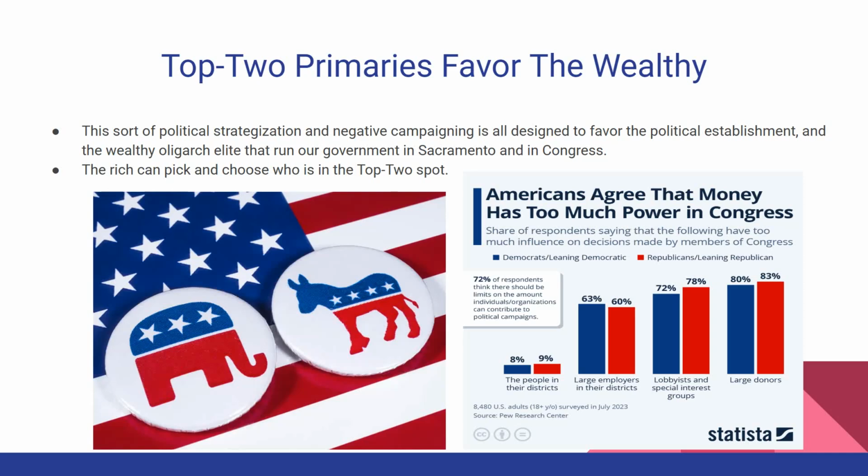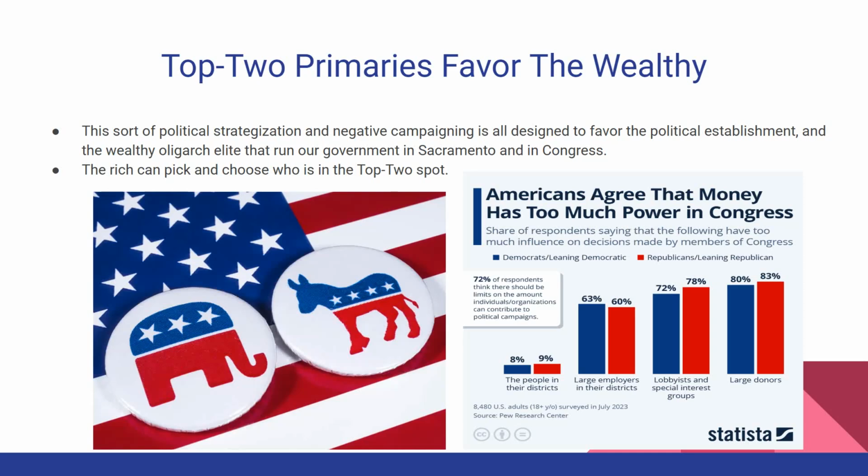Top two primaries favor the wealthy establishment because they can strategize, raise huge sums of money, and then spend huge sums on negative campaign ads to purposefully divide and fragment us across a bunch of different candidates, to prop up their endorsed establishment candidates who support the current status quo, and also prop up a token oppositional candidate, a weaker candidate, so that the rich are the ones that ultimately win in the end.